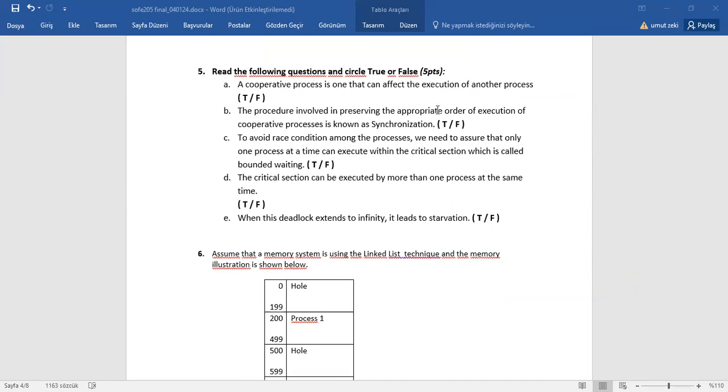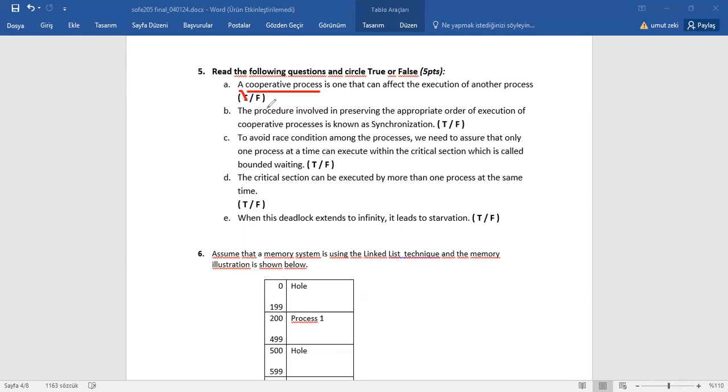Okay, in true false, by the way, I'm not going to ask true false questions. I will just ask this kind of questions in the exam, but let me answer them. A cooperative process is one that can affect the execution of another process.